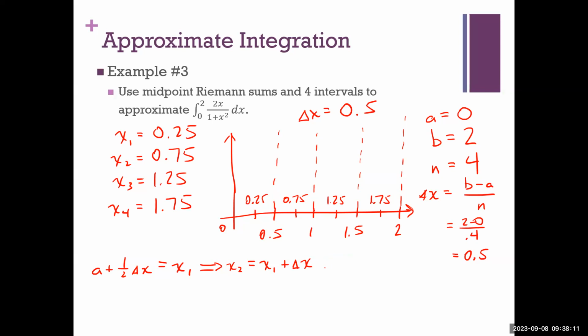So any questions about how to find these midpoints, or at least where the X values are? Can we find the area now? Okay. So it's still the sum of 4 things. How would I find the area of that first rectangle?